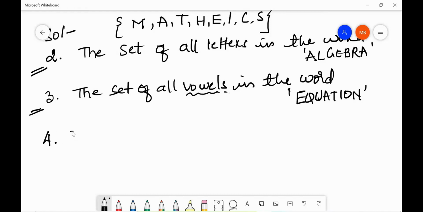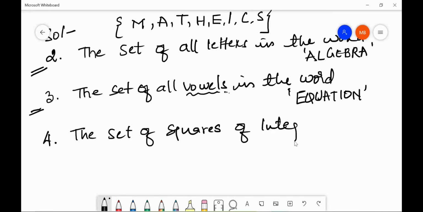Question number 4: the set of squares of integers, set of squares of integers. This is for you, again a task. I will give you a hint here.